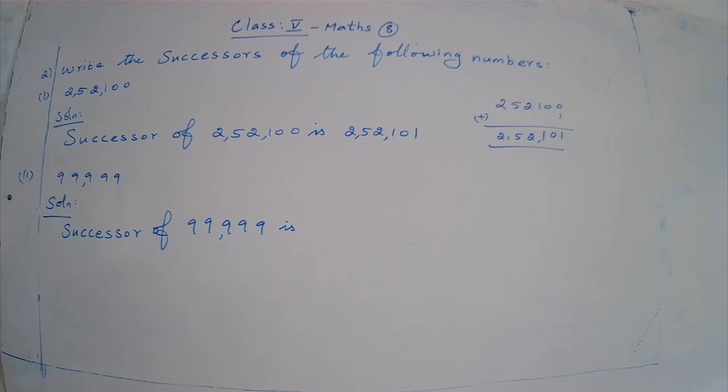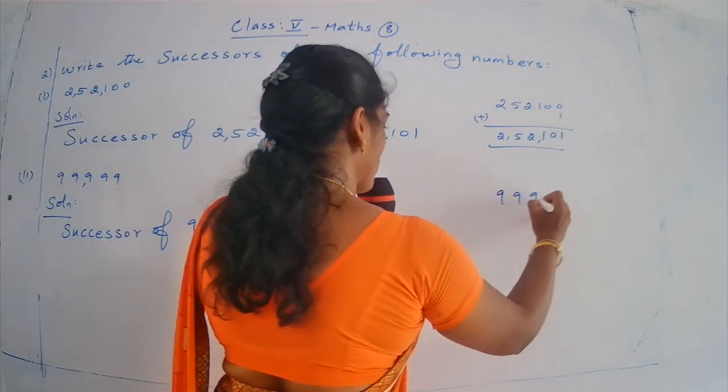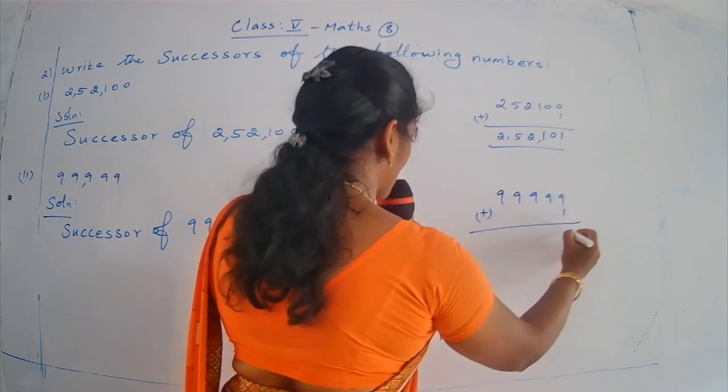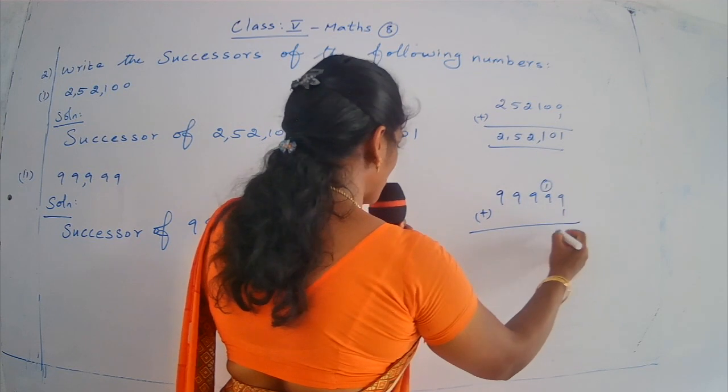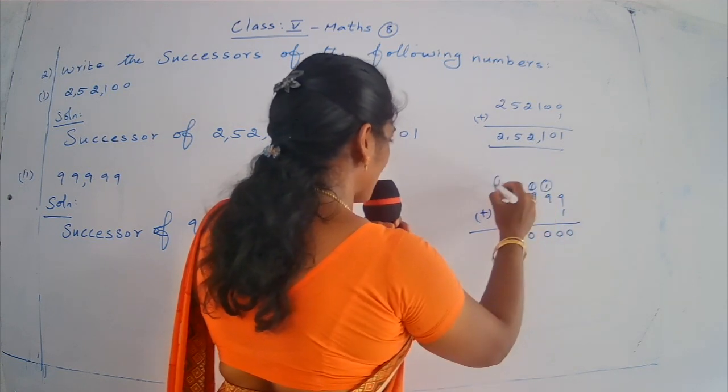Otherwise, what to do? We get the successor of a number by adding 1 to it. So add 1. 9 plus 1 is 10, carry 1. 9 plus 1 is 10, carry, and then 1.